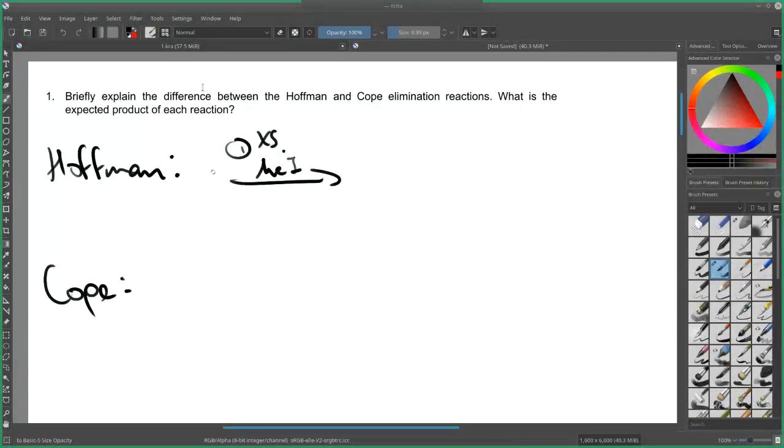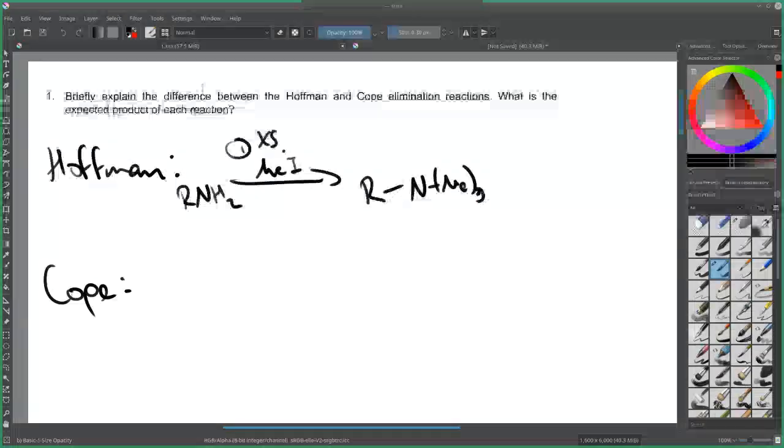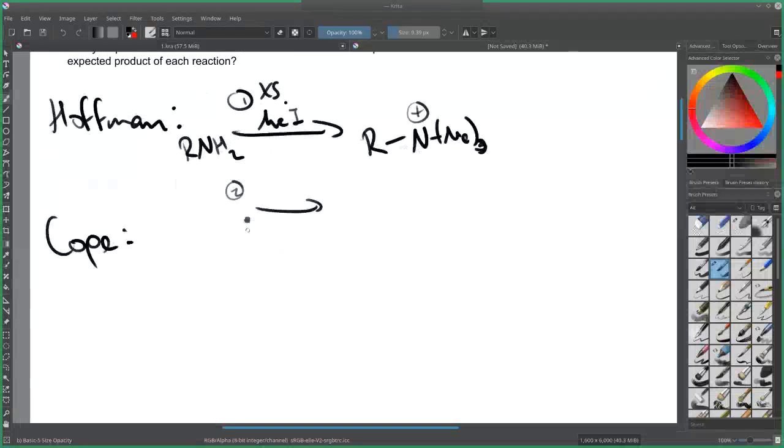So from there, maybe I will draw this whole thing out. You get 3 methyls, and this is positively charged. So from there, what do you give it? Anyone?